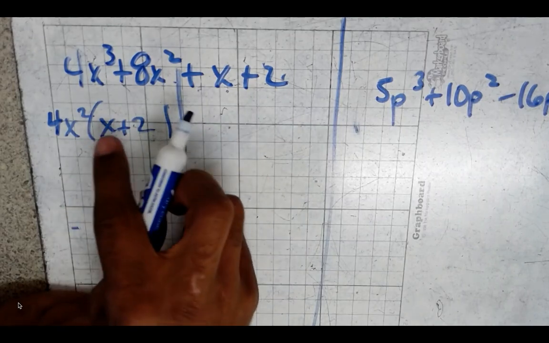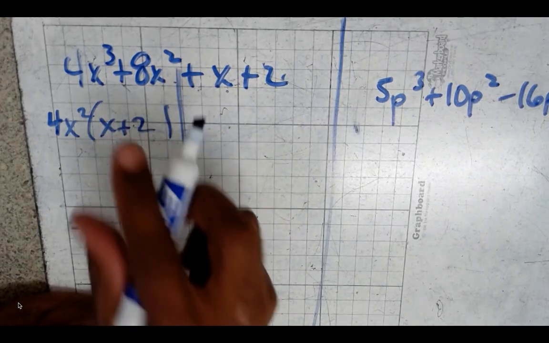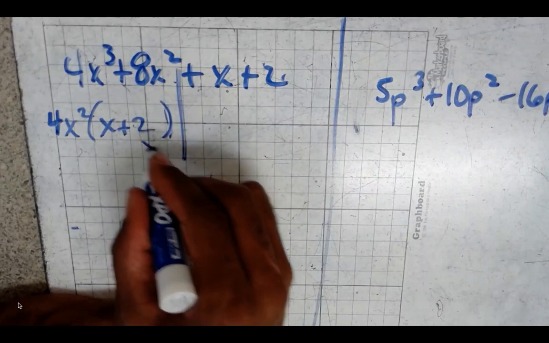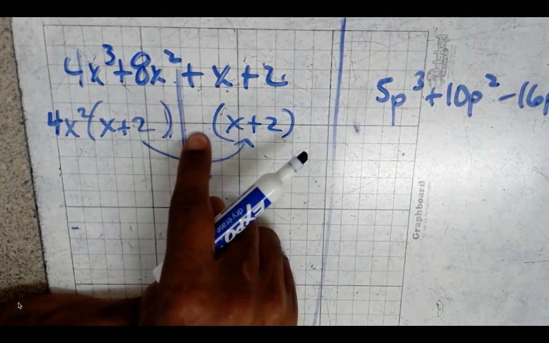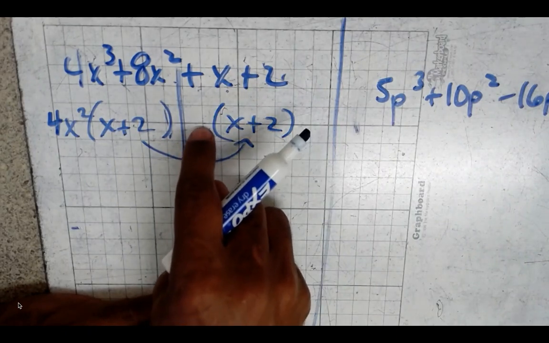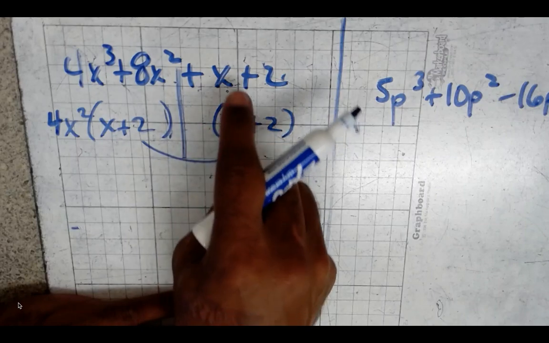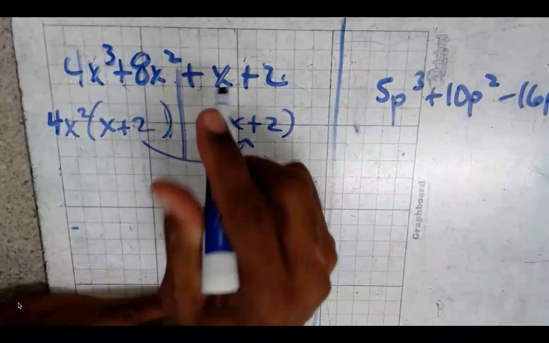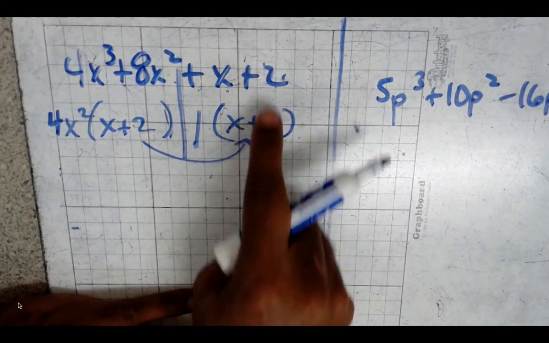And so now what you do is you take the new factor here, the x plus 2, the part that's in the parentheses, and you rewrite them over here. And now what you have to do is figure out what is the GCF that goes here. So what do I have to multiply here times x to get x? Well, that'd be just 1. So then 1 times 2 equals 2. And these won't always be the same.